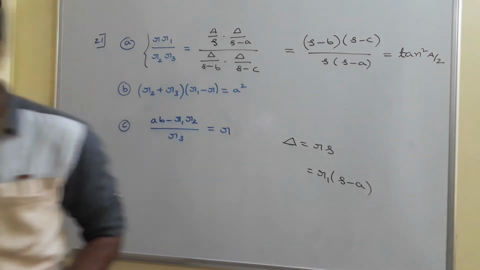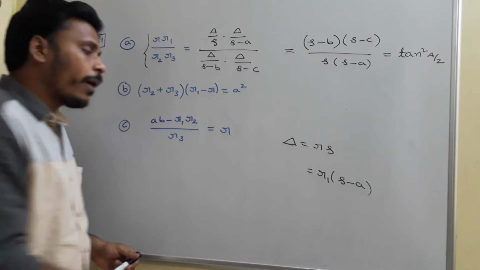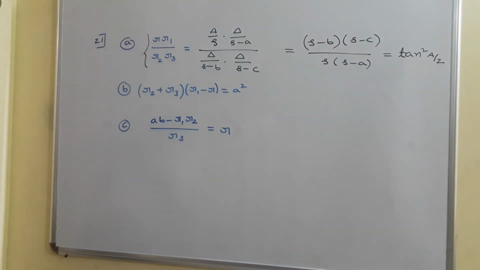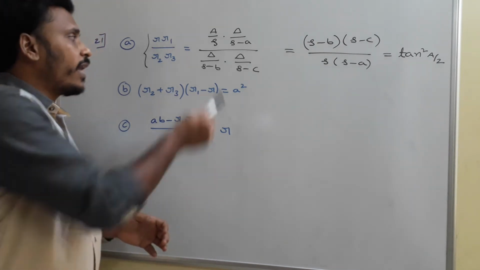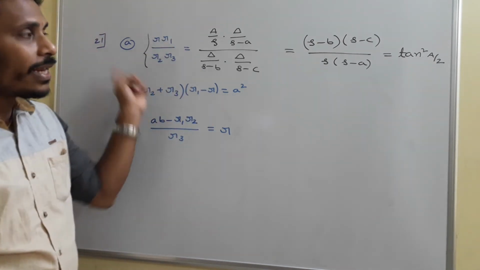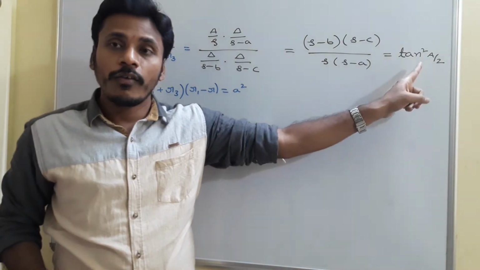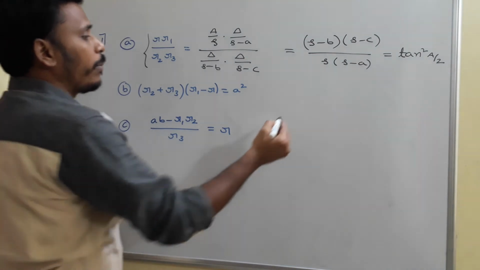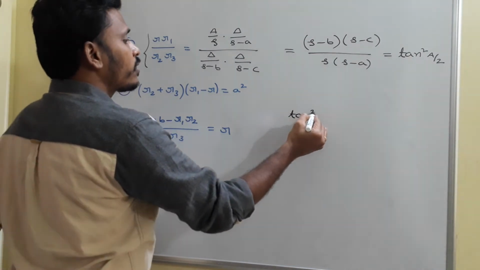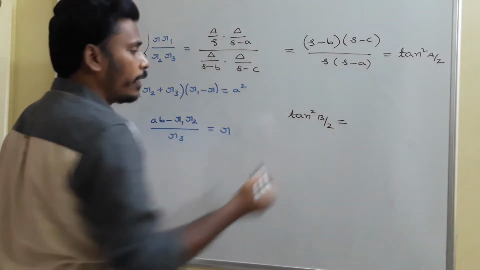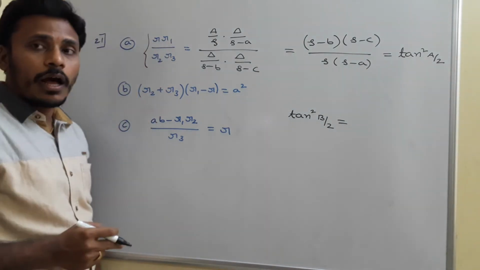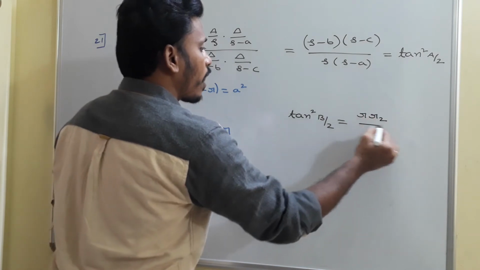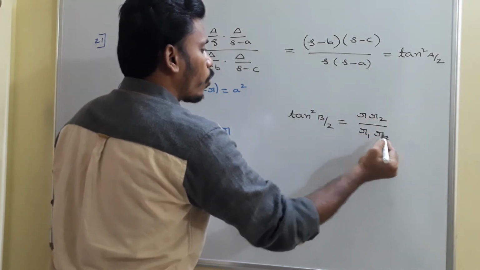There are some situations where you need to find angle A by using R1 R2 R3. If you have small r1 r2 r3 in your hands, then directly if you calculate this value, it gives us tan square A by 2. From there you will get A by 2 and then angle A. Not only tan square A by 2, in the same way tan square B by 2 is simply R2 divided by R1 R3.